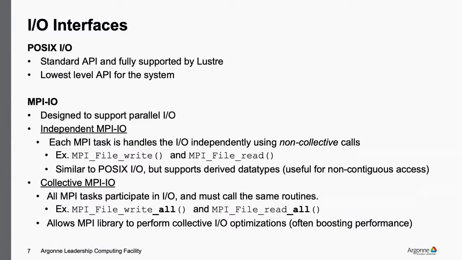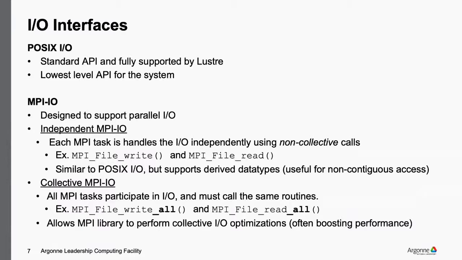Then there's collective I/O. Collective allows you to basically, whatever communicator you define, all the ranks in that communicator are going to cooperate doing I/O. And this allows it to perform various optimizations. I don't have a slide on what all those are, but the basic concept is various ranks are going to send their data to some other rank who will then aggregate that data together and then write it as one buffer.